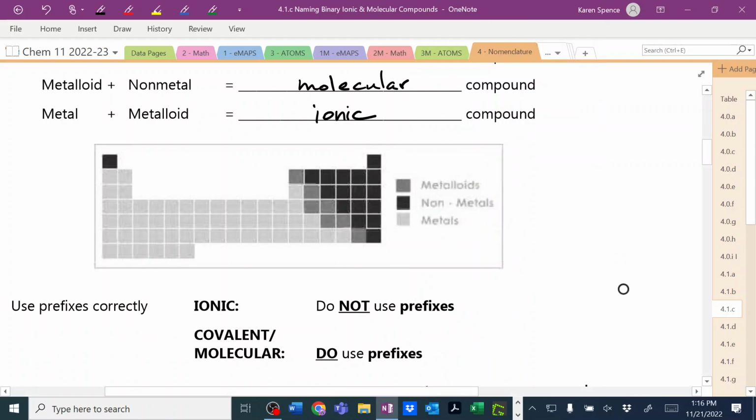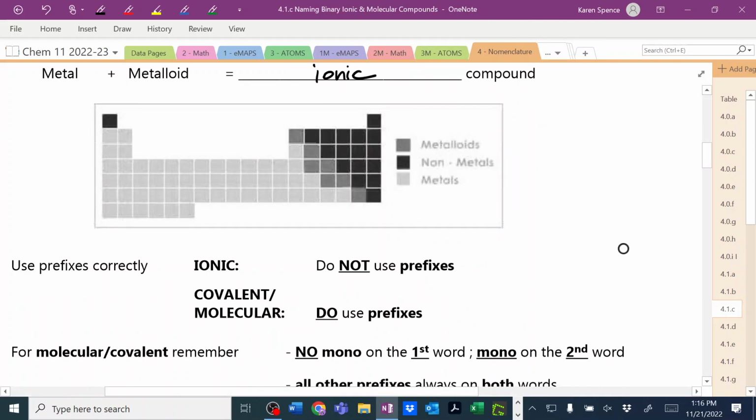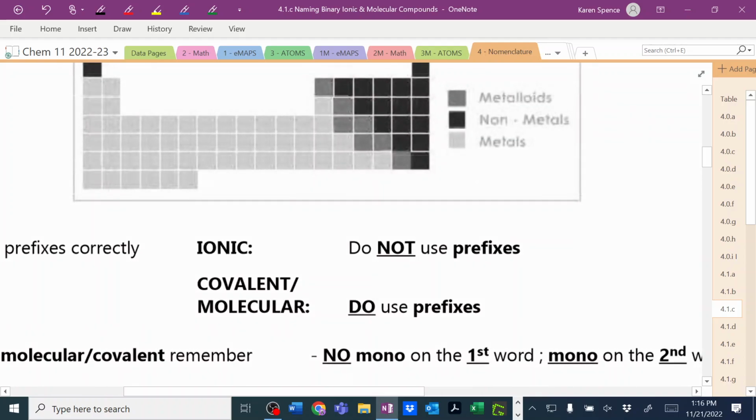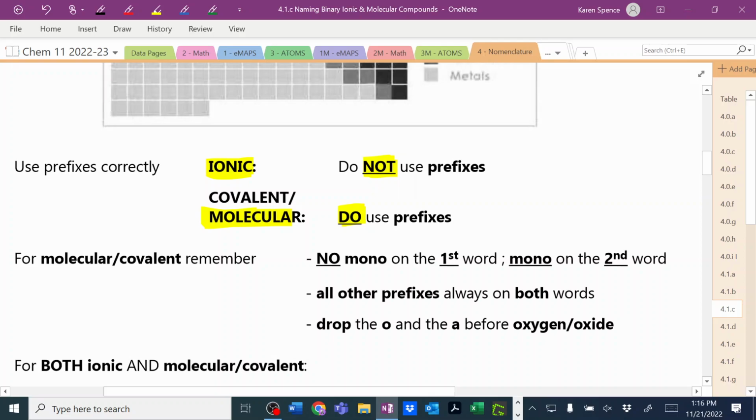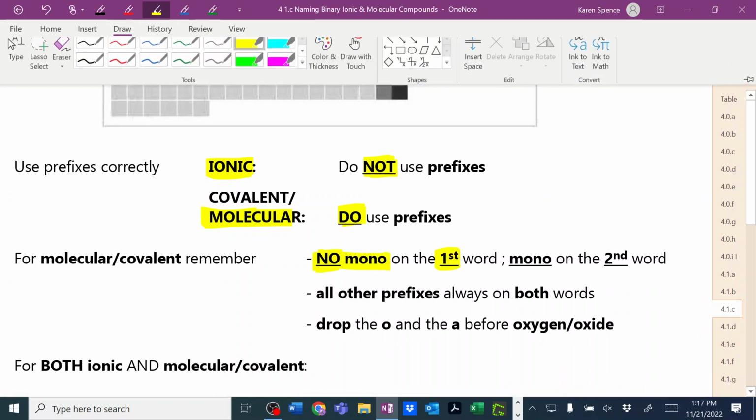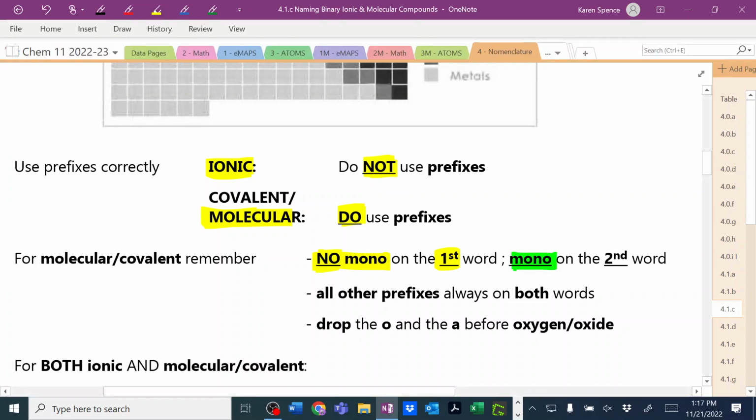Okay, and then there's just a little picture here reminding you where the metals, non-metals, and metalloids are. And once you've done that, it is just a matter of remembering that ionic compounds do not use the prefix, but molecular compounds do. And then the only other thing is remembering all those little things from quiz number 2. Like there's no mono on the first word, but there is mono on the second word.